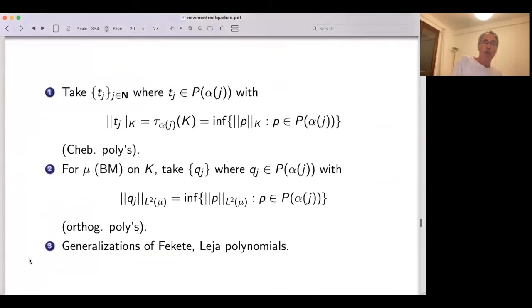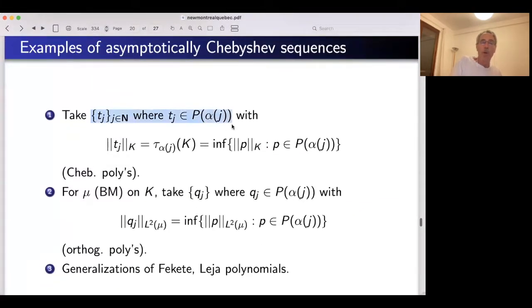Okay, so as I said, you could take the full quota of standard Chebyshev polynomials for each monomial class, but you could also take, going back to our measure situation, if you have a Bernstein-Markov measure on your compact set, the L2 minimal polynomials in each of those polynomial classes.